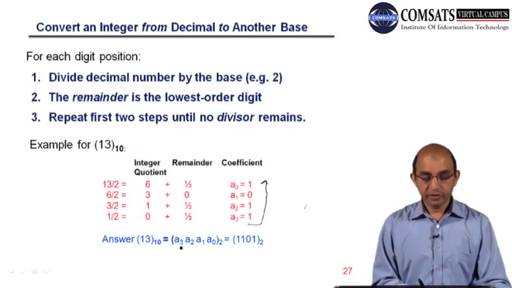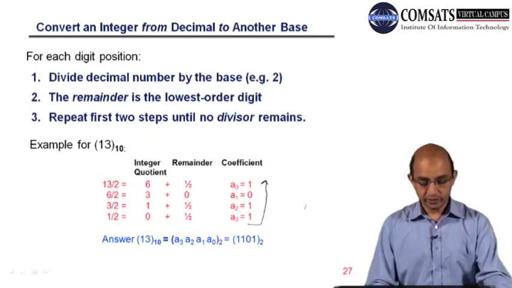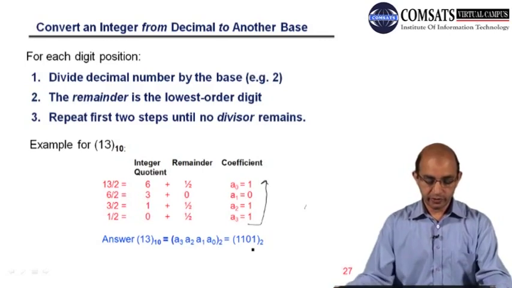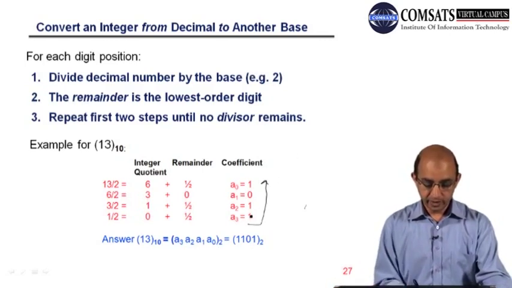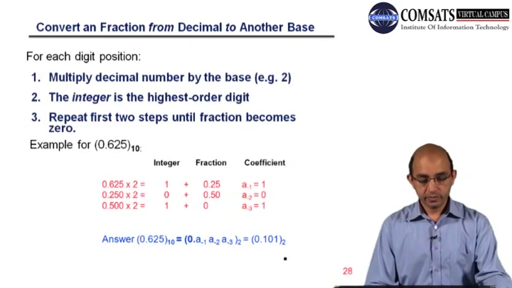This is the most significant bit and this is the least significant bit. So we have 1, 1, 0, 1. If I want to convert that into decimal, this is 1, this is 2, this is 4, and this is 8. As I have mentioned, 0 will be ignored. So 8 plus 4 plus 1, we will have 13.